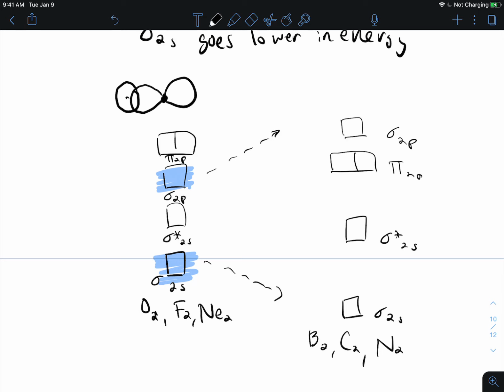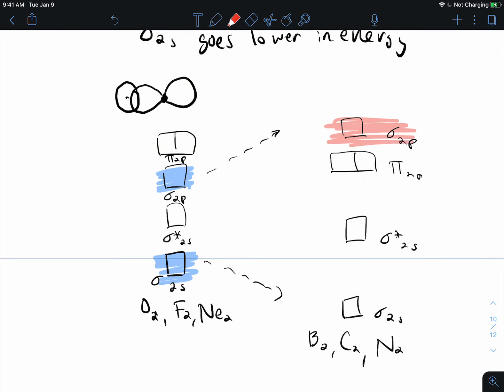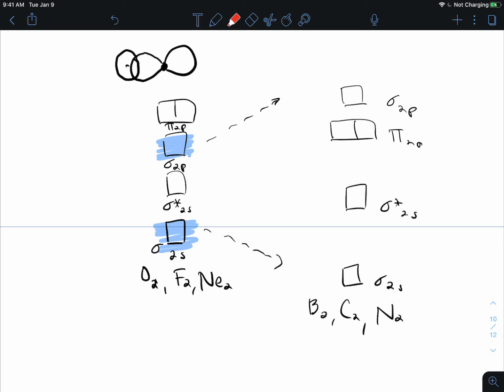So basically a shifting of these two right here. So these are going to switch places. This is going to lower in energy. Okay. So just keep that in mind, that those are going to flip. When we talk about O2, F2, and Ne2, they will be correct, but B2, C2, and N2 will have a flipped order of those.